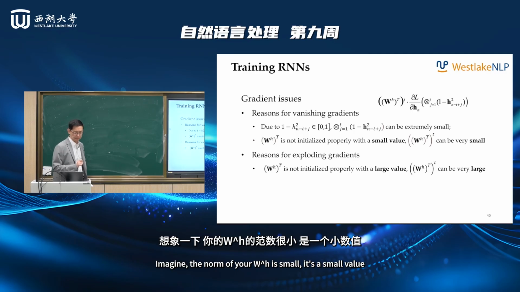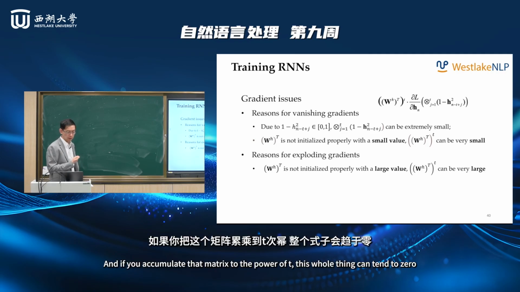Imagine the norm of your WH is small, okay? It's a small value. And if you accumulate that matrix to the power of t, this whole thing can tend to 0.